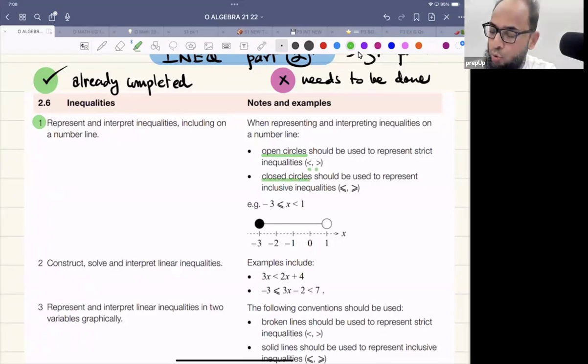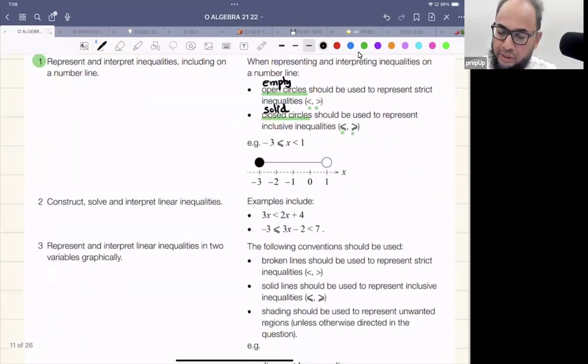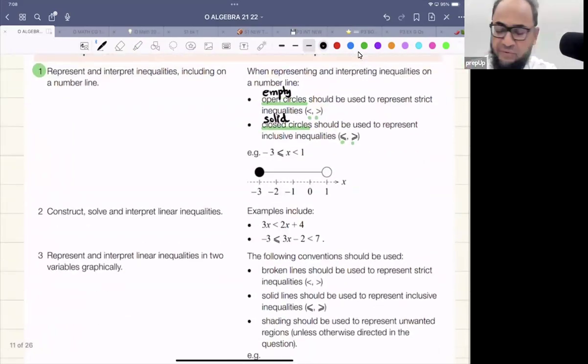And then closed circles, that means solid circles, should be used to represent inclusive inequalities. So instead of open, let me write empty circle. And instead of closed, let me write solid circle. And we already have gone over it. So concept number 1 is done.